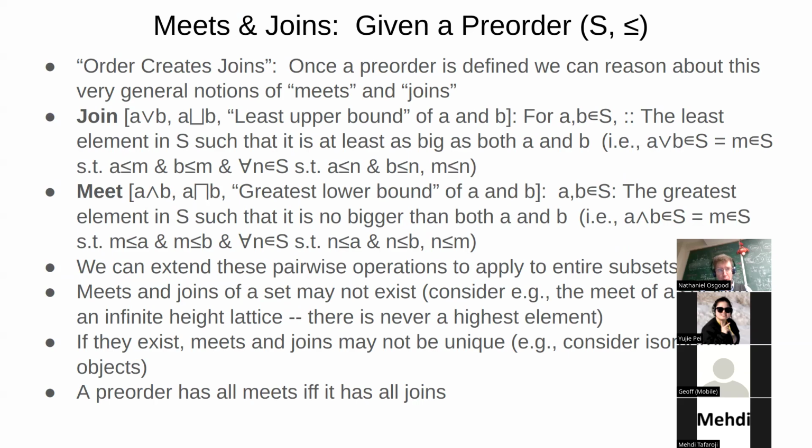One thing I didn't emphasize in my latest treatment of it in class for the 898 is that we will commonly have a preorder where we have a product and coproduct for all of our elements, and what are called meets and joins.